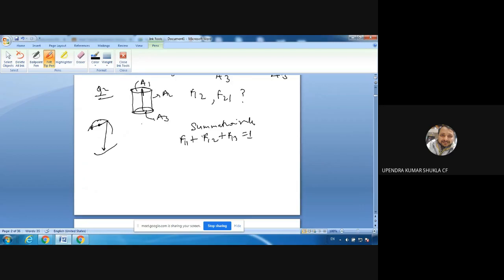The upper surface and lower surface both are plane. So the energy emitted by a plane surface will not strike itself, because it is not concave or convex. So the situation is different. This is a plane surface, so F11 would be 0 in this case.